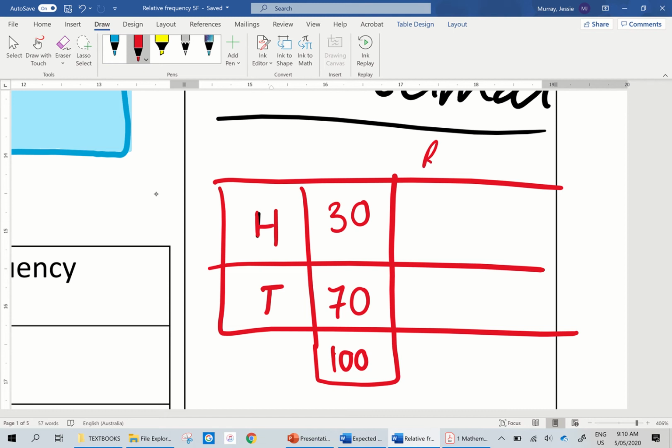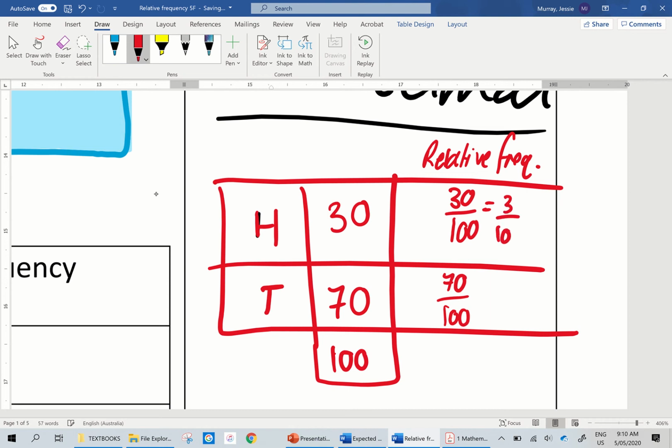So now all we're saying is, the relative frequency is just a fraction of it occurring. So we got 30 out of 100 and 70 out of 100, which again, simplify always, 3 out of 10 and 7 out of 10. And that's it. That is the relative frequency.